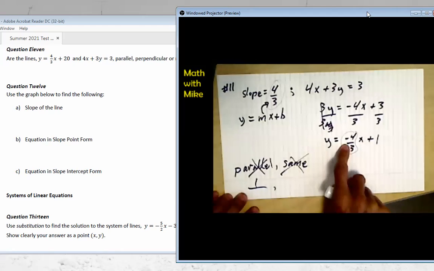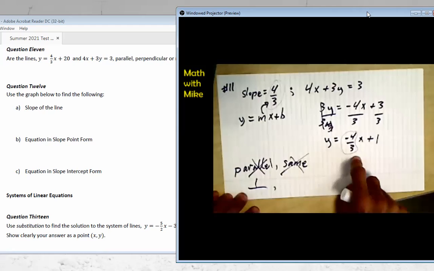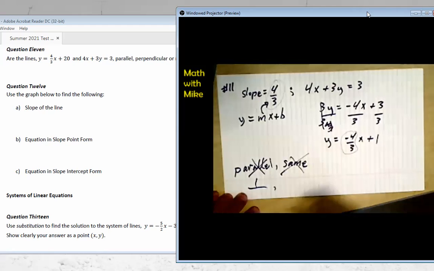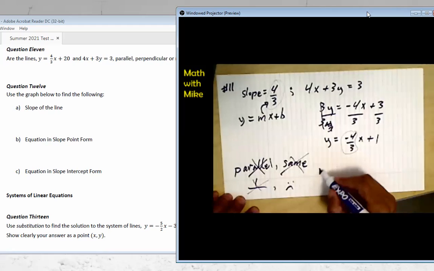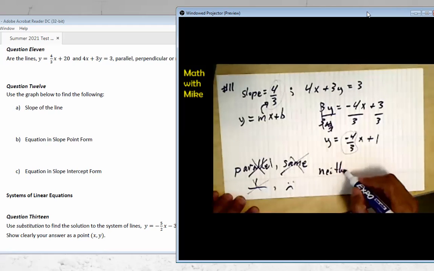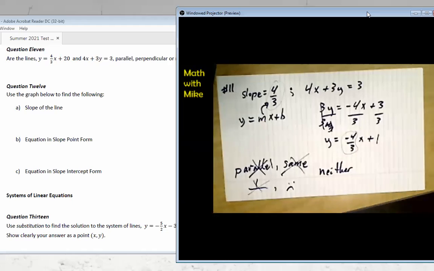But you also have to turn this other one upside down. Okay, that's not upside down. So not perpendicular either then. So that means the answer is neither. They're just two regular lines going out into space, and eventually they will cross. We could figure out where if we graph them, but for this question, not parallel, not perpendicular, neither of them.